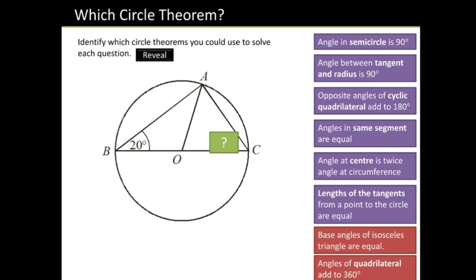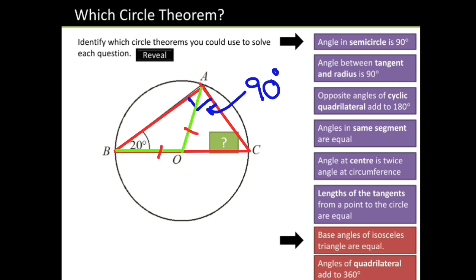This one, we need to find this angle. So we're going to use angle in semicircle is 90 degrees. Because BC is a diameter, the angle above, which is BAC, equals 90 degrees. We also know that BO and AO are radii of the circle.